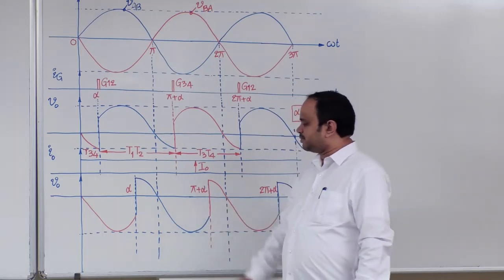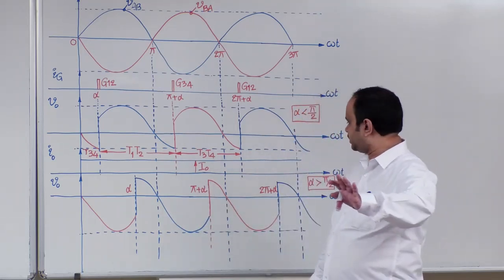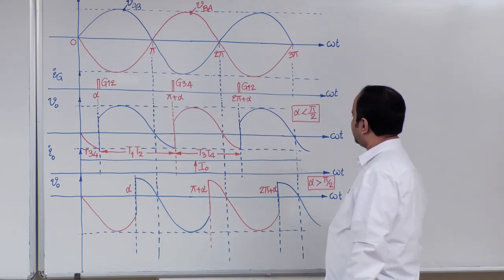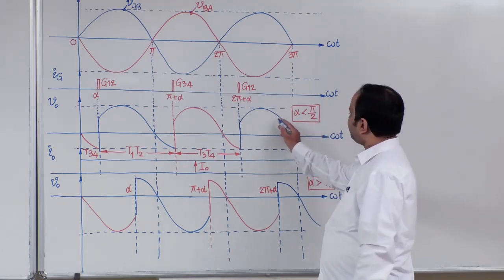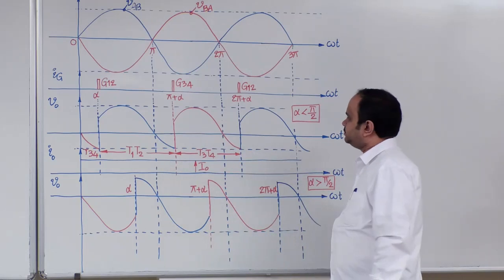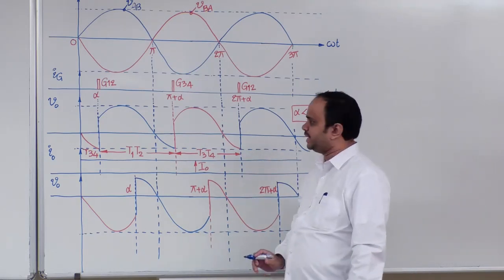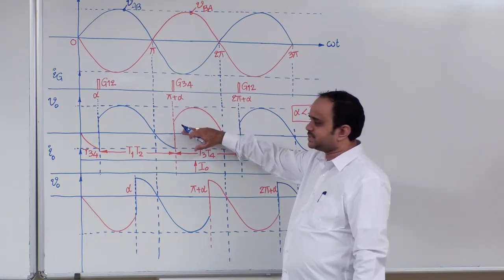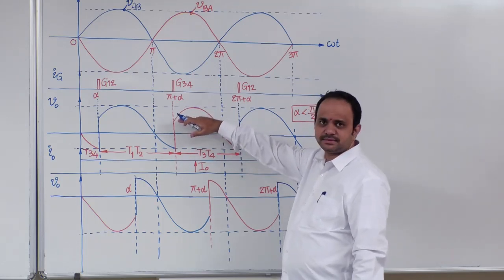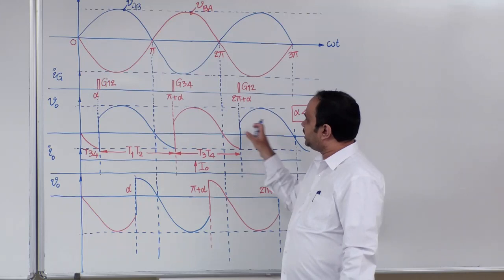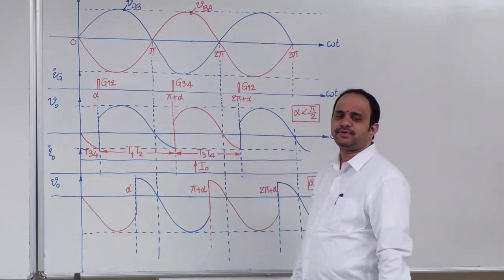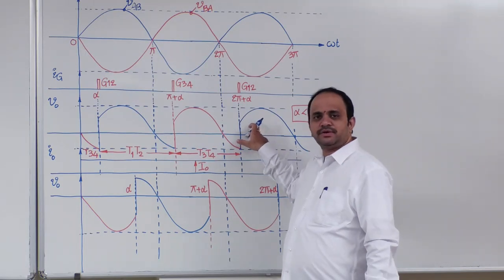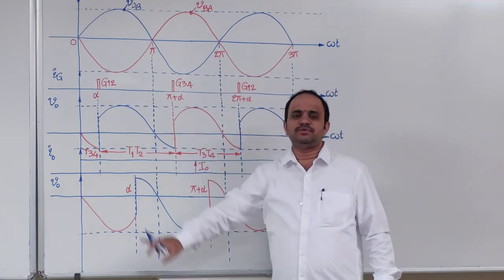So this waveform will give you one very interesting conclusion. Now follow carefully here. When alpha is less than pi by 2, my first observation is that the majority of the V0 waveform is above the x-axis. What do you mean by that? The area under the V0 waveform is positive. This waveform will give you positive average output voltage.